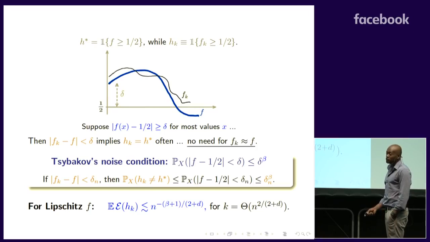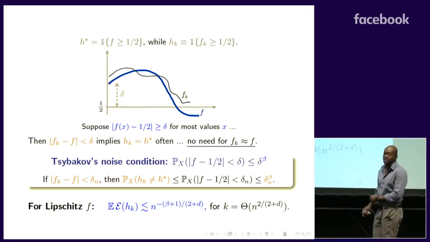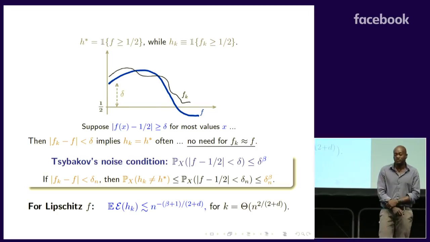And beta equal to infinity just means that you have margin everywhere. And for a sample size large enough, you have zero error. There is no curse of dimension. In fact, I don't need beta to be infinity. As long as beta is large enough, it cancels out the effect of the dimension, and you have no curse of dimension. So you have very fast convergence potentially for nearest neighbor classification with not much curse of dimension as long as there is margin. And that's, I think, a beautiful fact.